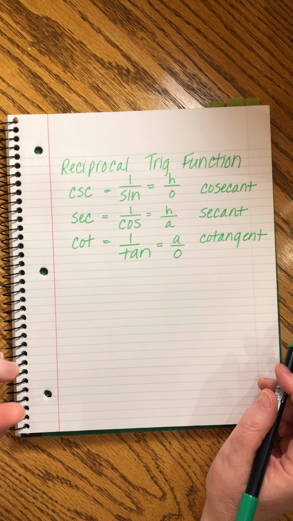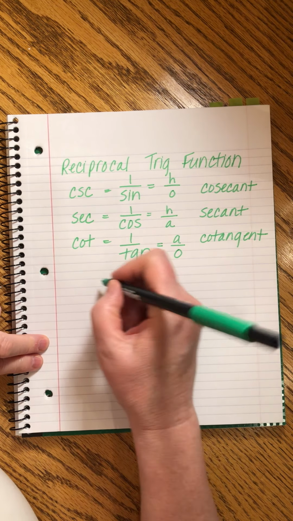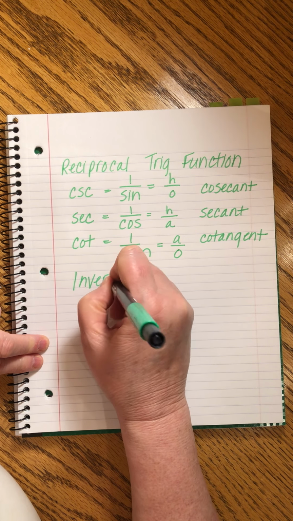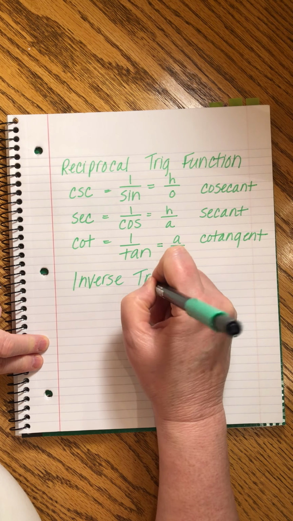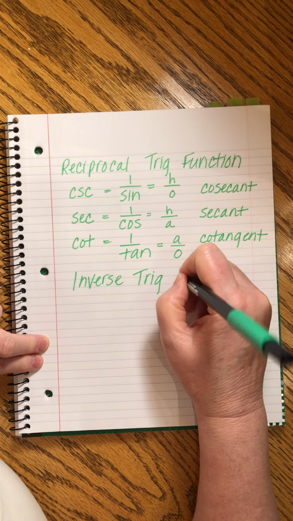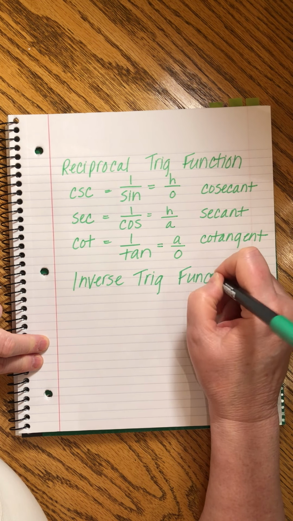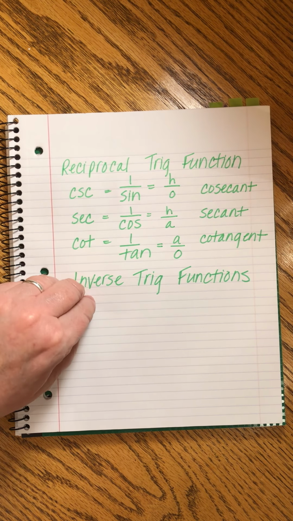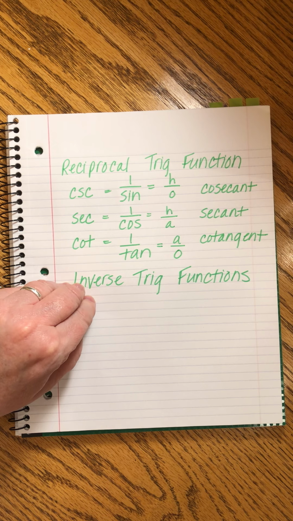That's one thing. The other thing that we want to talk about more today is what we call inverse trig functions. Everybody gets confused about the difference between reciprocal and inverse. That's why I'm going through this.